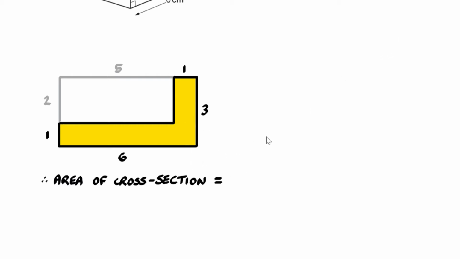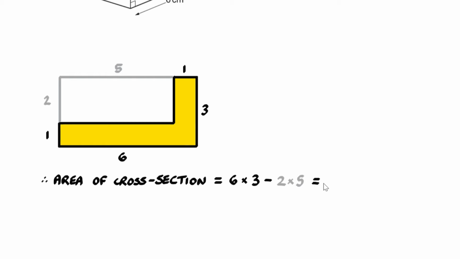So the area of the cross section, we've got 6 multiplied by 3, and then we subtract from this the 2 times the 5. 18 subtract 10 is equal to 8.